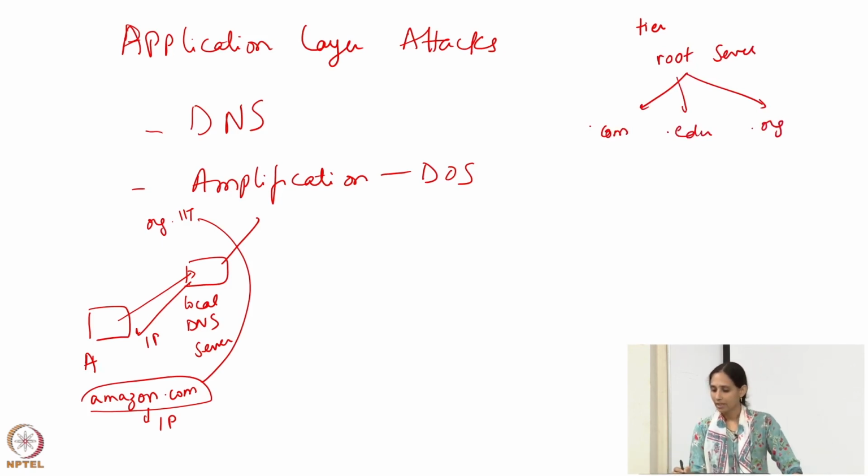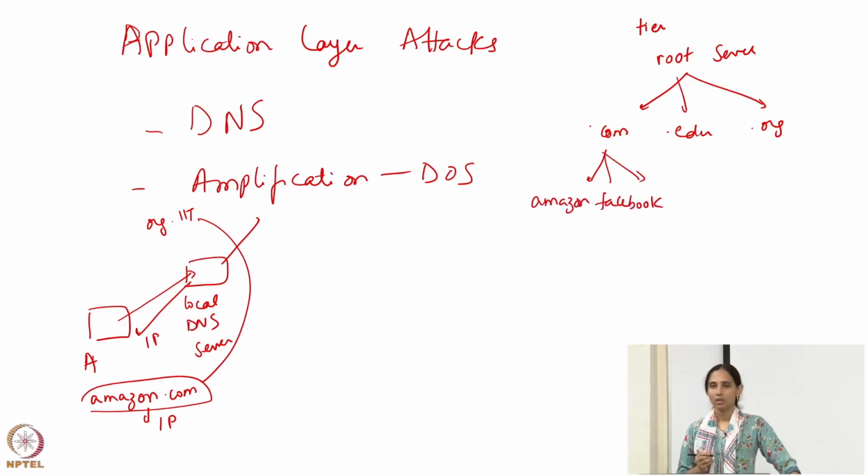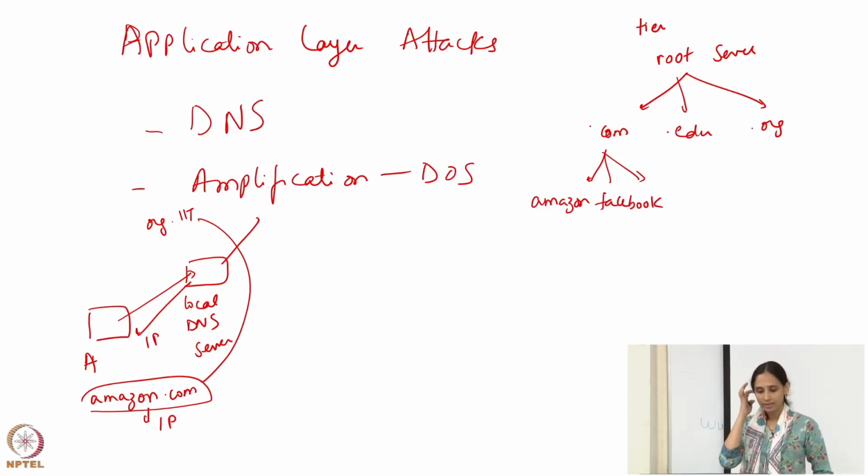Okay? And within .com, there are many companies, of which there is Amazon, maybe Facebook, and so on. Okay. So, this local DNS server maintains a cache. Within the cache it can have certain information, but let us assume right now that there is no cache.